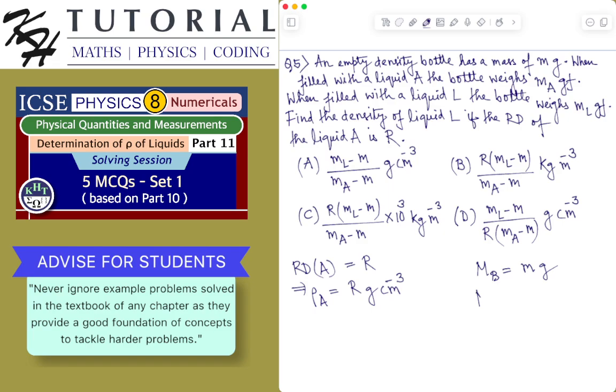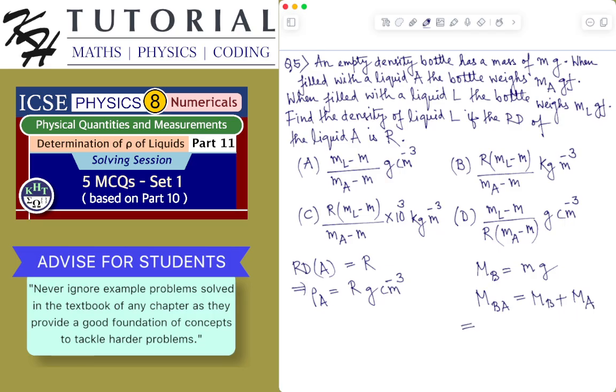So, MBA means the mass of the density bottle completely filled with liquid A. This should be MB plus the mass of liquid A that is completely filling the density bottle.